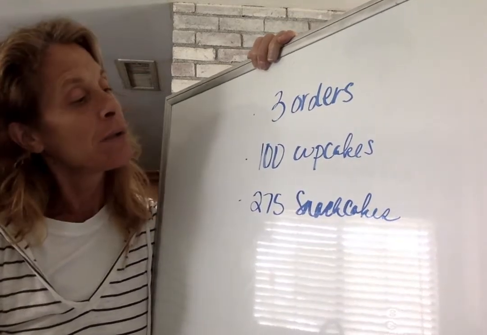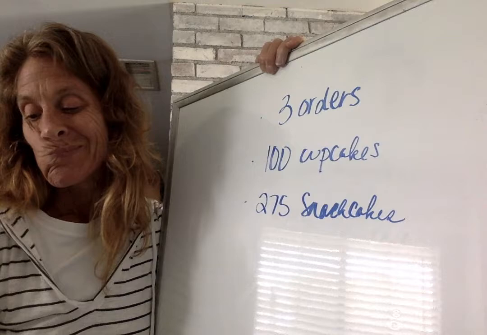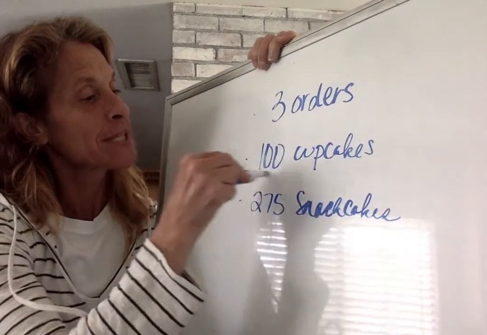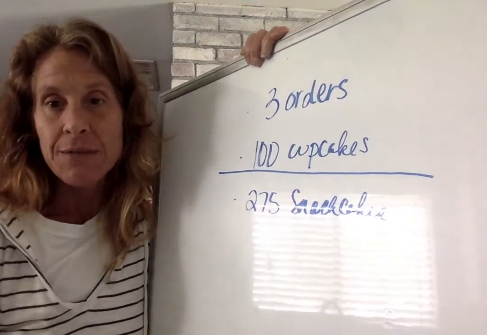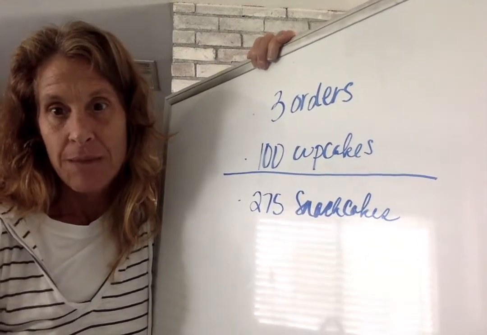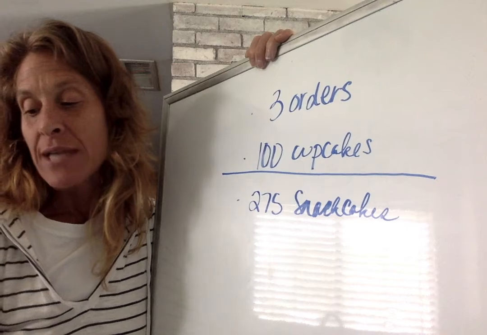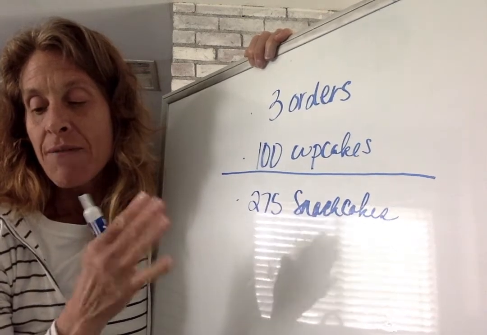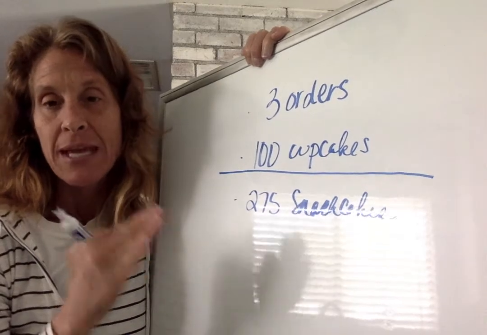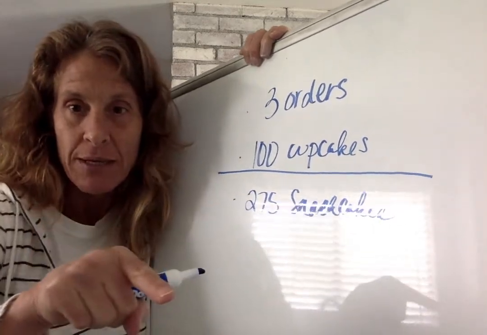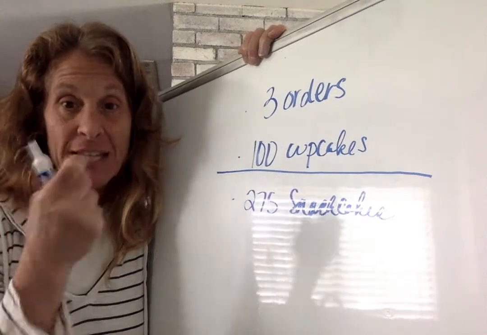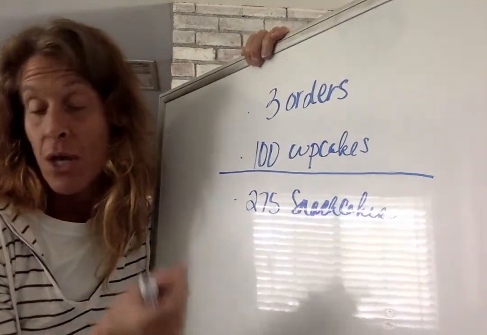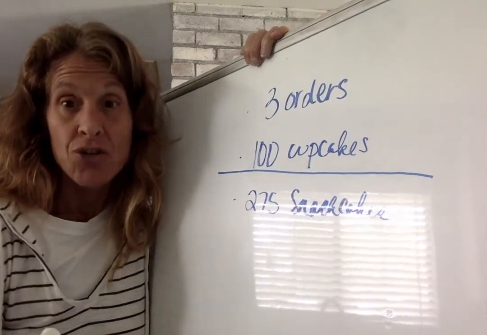Okay, so to simplify this, I'm going to read the first part again. Mr. Henson bakes and decorates 3 orders of about 100 cupcakes each morning. And they put a period. So that means that's our first math problem right there. We have to figure out 3 orders of 100 cupcakes.